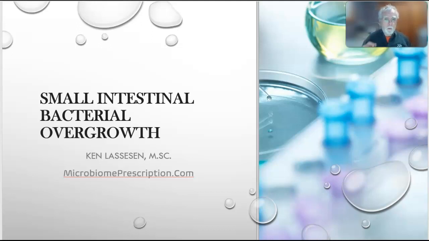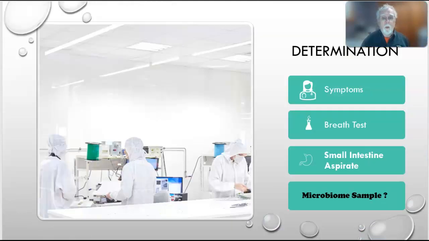If you understand what's going on, there's a better chance you will make a better next decision on how to go about treating it. So, SIBO, basically I'm going to cover a couple of things. First of all, how SIBO is determined: symptoms, then the breath test, which is often what people already have, then the small intestinal aspirate, and then the microbiome sample.